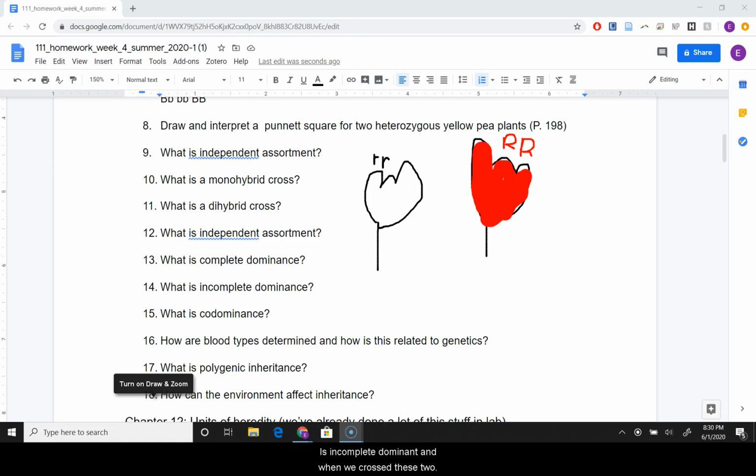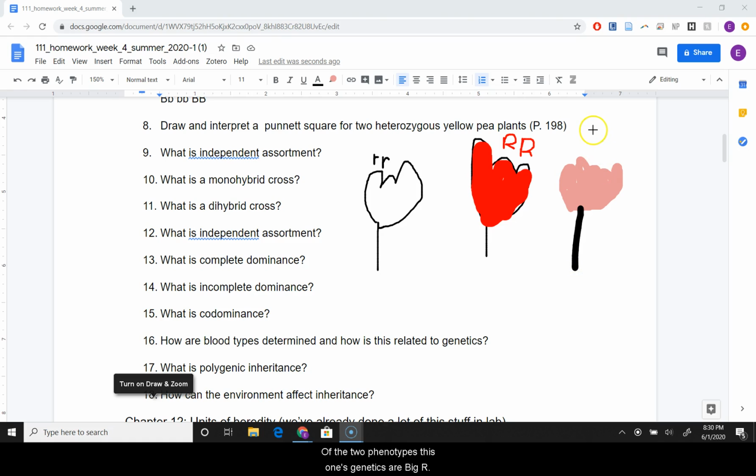When we cross these two, we get a different phenotype. We get this pink color. In incomplete dominance, the heterozygous individual can be identified because it's a combination of the two phenotypes.